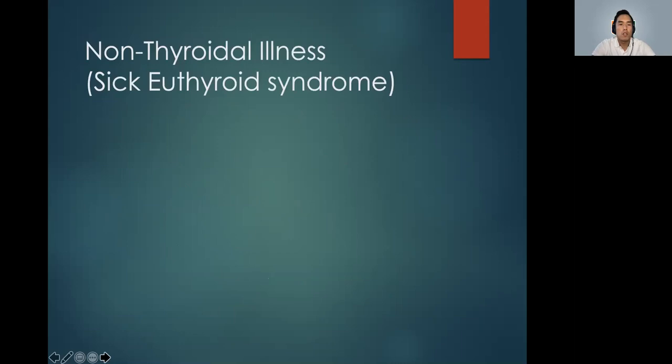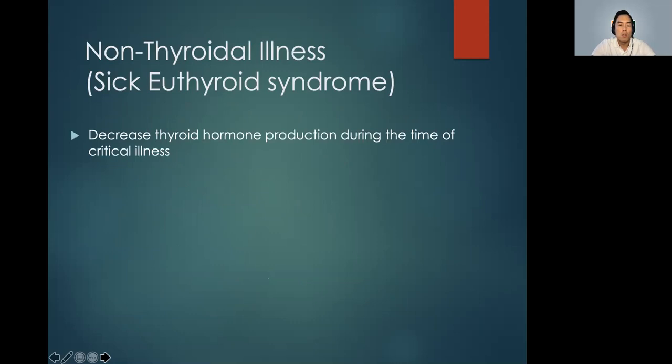So another condition that can be seen in patients who are in the intensive care unit is called sick euthyroid syndrome or non-thyroidal illness. It is caused by a reduction in thyroid hormone production during the time of critical illness. Right?